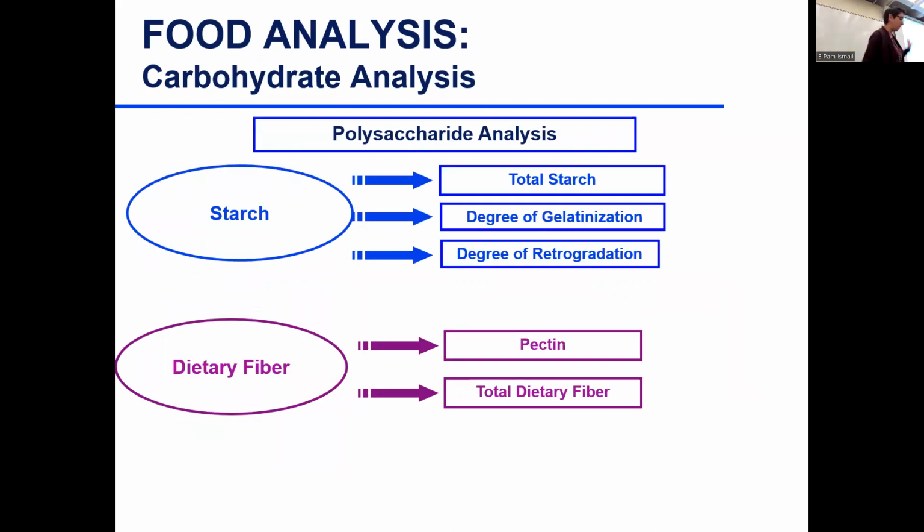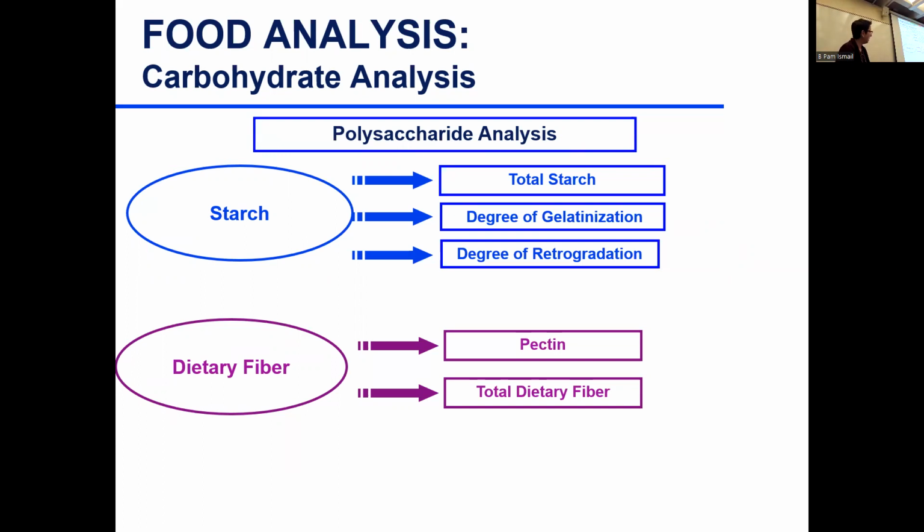Polysaccharides. So all of that was mono and di and oligosaccharides, but now we're going to talk a little bit about larger polysaccharides, starch and dietary fiber. So for starch, we have different assays we care for in food analysis. First of all, we care for determining total starch.